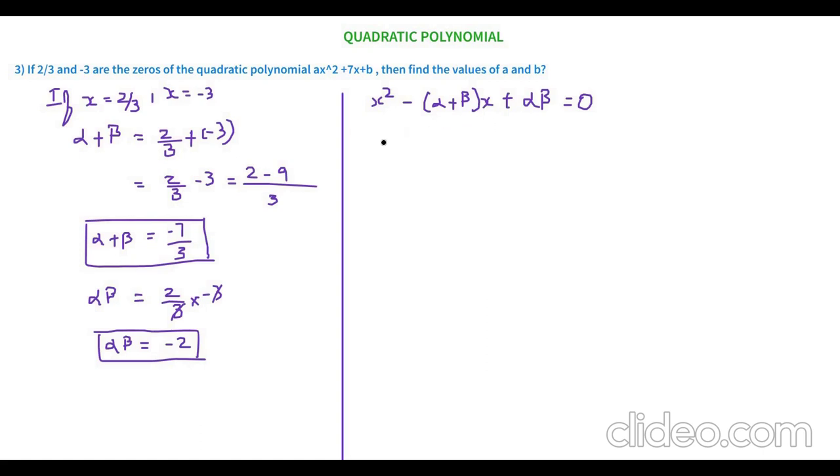Both are same. So here it would be x square minus of minus 7 by 3 x plus minus 2 equals to 0. So we have this now. Let's further simplify this as x square plus 7 by 3 x minus 2.